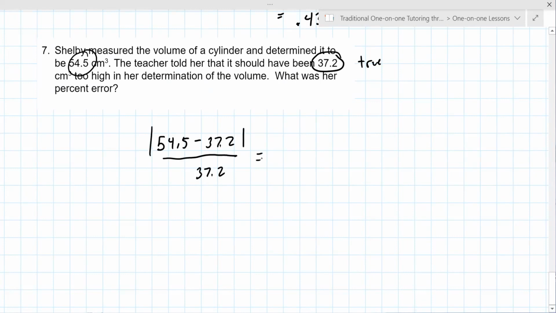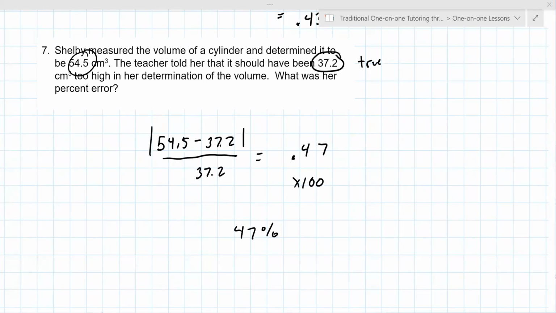So she's way off here. The numbers should be fairly low if you do the experiment well. That's the whole point of this: if you do it right, your percent error should be small. And what we're going to see here is that this is going to be quite high. It's going to be like 50%. So this is 0.4647. Sorry, 0.47. So then when you multiply by 100, you get 47%, which is too large, but that's what it is.